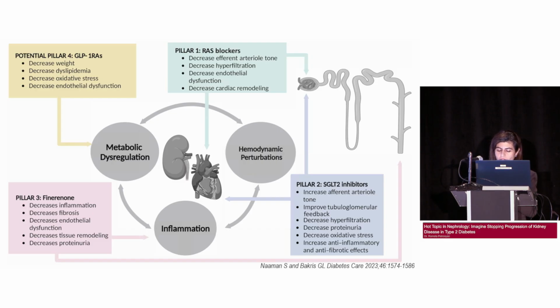We have additional drug classes, which include the SGLT2 inhibitors, the GLP-1 RAs, and the non-steroidal MRAs that are bolstered by a robust body of data from the efficacy of these trials and ongoing studies.